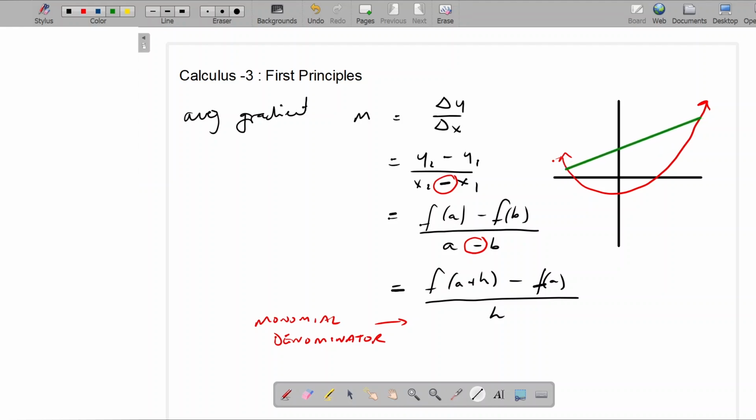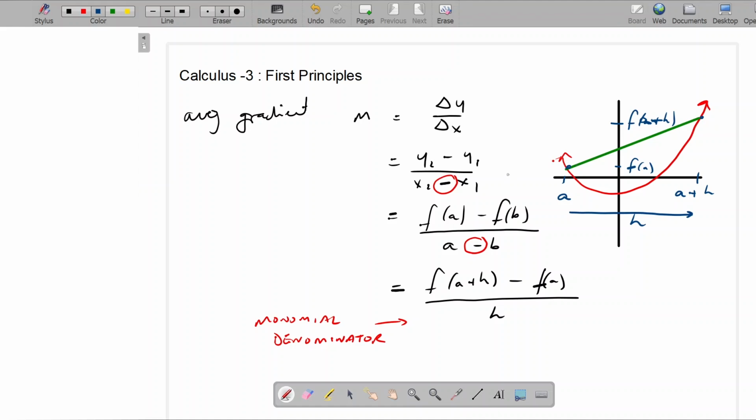And again, for the sake of the last one's notation, this was a with f of a, and this value here wasn't a value, and that was the key concept. We said that this difference was going to be h, such that this point was now a plus h, which meant that the y value that went with it was f of a plus h. So again, we've got the 2 points, and we talk about the average gradient across those 2 points.